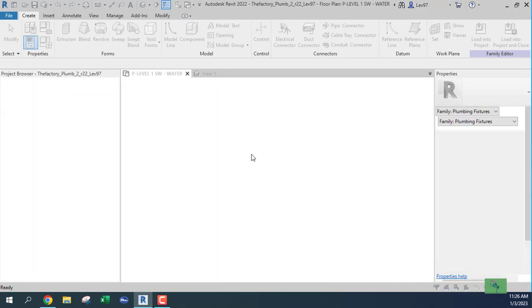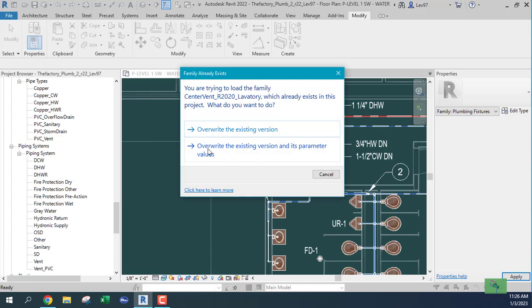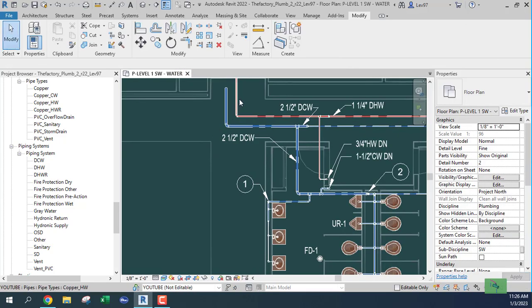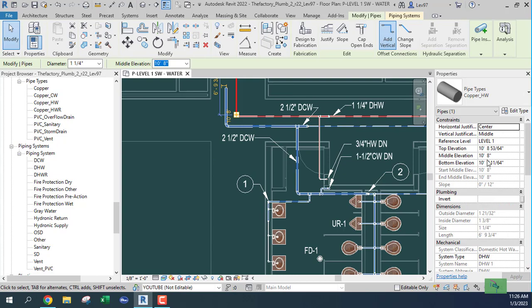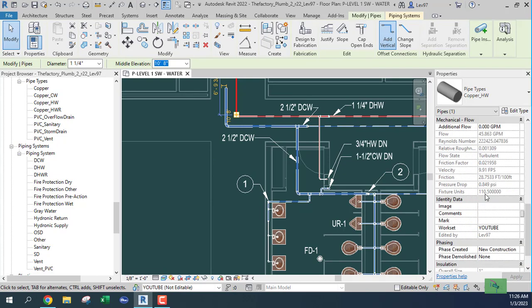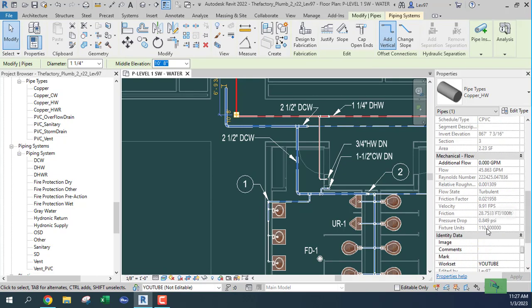So we know that it was okay at 60 fixture units. Now let's see if we go out and extend the curve a little bit. At 110 fixture units, Revit says that Hunter curve will give us 45 GPM. So I'm going to go to Hunter curve at 110 fixture units between 44 and 48. Yeah, it's okay, it's 45.